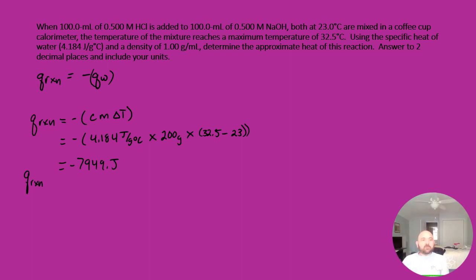We see that that's a negative number. When the heat of reaction is exothermic, we show that with the negative sign. So the negative sign is not out of place here.